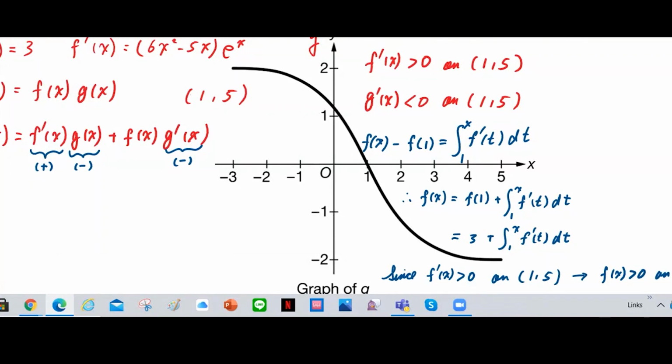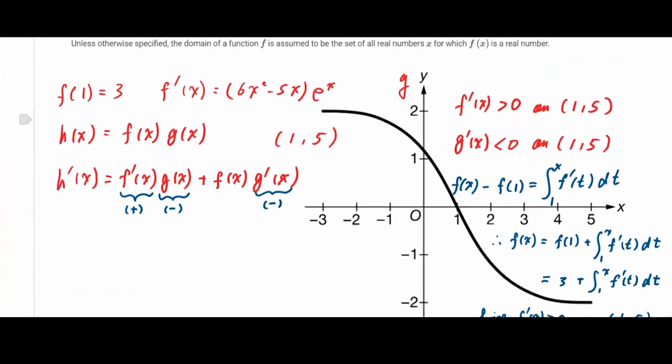And sorry, I'm wondering, what's the question asking again? Oh, is h increasing or decreasing during interval 1 through 5? Oh, okay, thank you. So now we know this is positive, right? Do you see that the entire quantity h prime of x must be negative now? So we have positive times negative plus positive times negative, right?